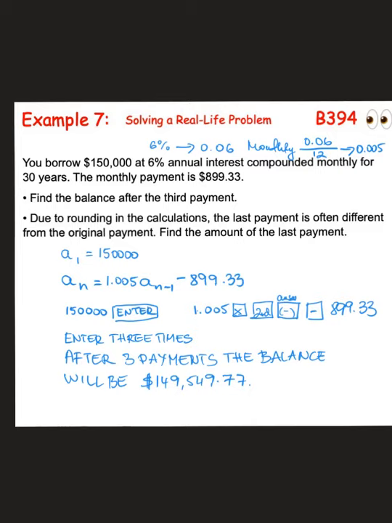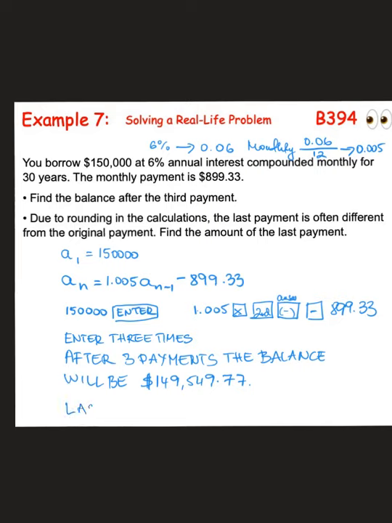So we are going to press the enter button all the way until you see your calculator showing a couple of $1,000, then slow down so you can figure out what the last payment amount will be, which will be a little bit more or a little bit less than $899.33. So if you go 360 times, then you are going to get the last payment.